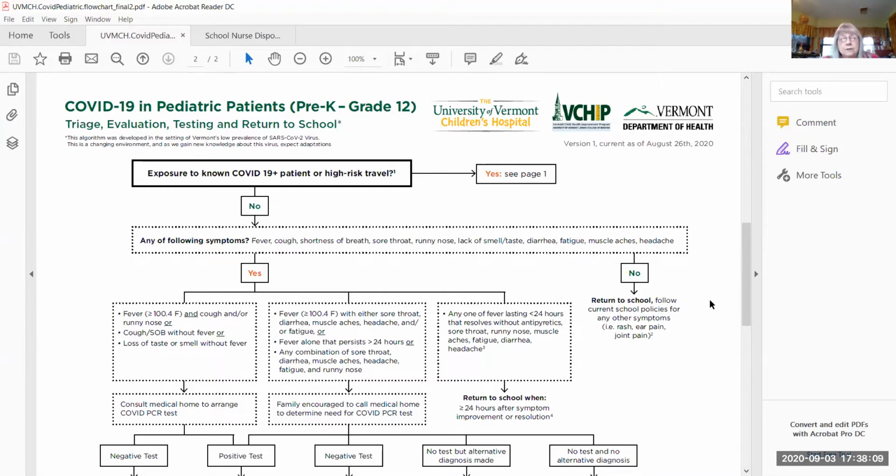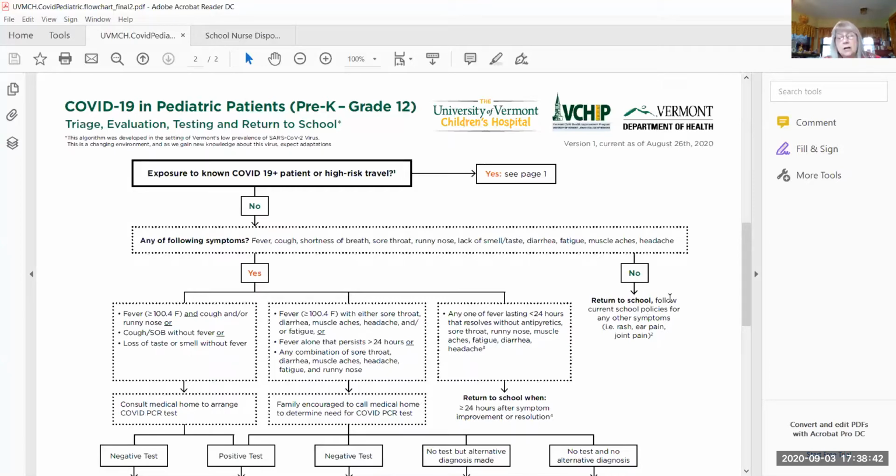You can follow your normal policies that you would normally follow for a kid who has a rash or an earache or joint pain or anything like that. In addition, if you have a student who has a known allergy or a known diagnosis of asthma or gets migraines or breaks out in rashes for some reason, then you can have a pretty good suspicion that this is the normal thing for this child.